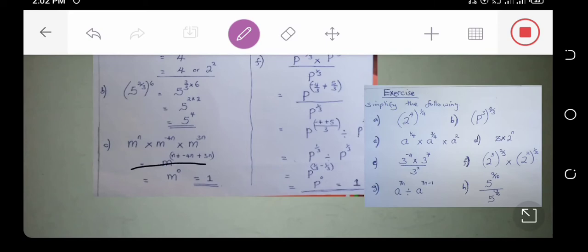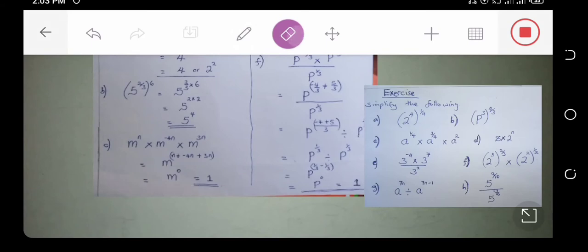So it will be M to power, we add the powers, n plus negative 4n plus 3n. When you add those powers, you get 0 on the powers, so therefore we get M to power 0. But any number which is raised to power 0 is always equal to 1. And that is the answer to part C.